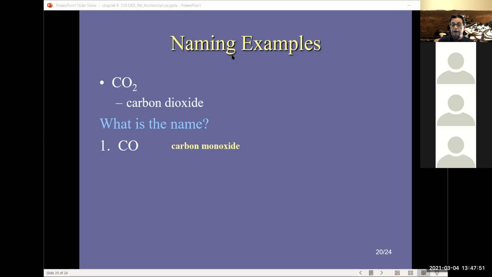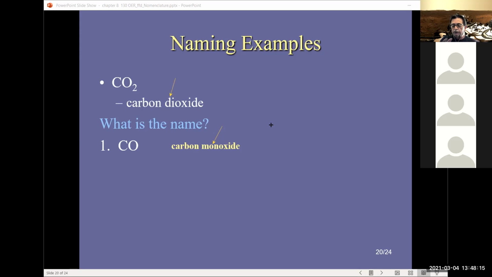If we did not use these prefixes, the di and the mono, think about it. The name would be carbon oxide. We got two different chemical compounds here. We got carbon with two oxygens and carbon with one oxygen.